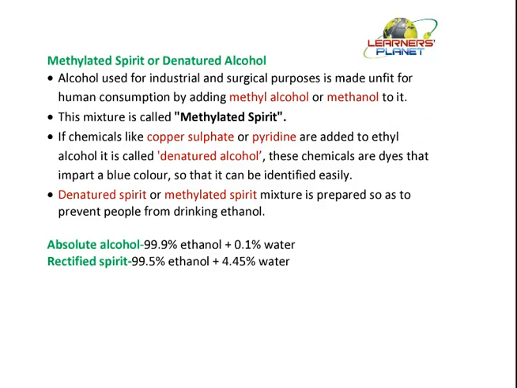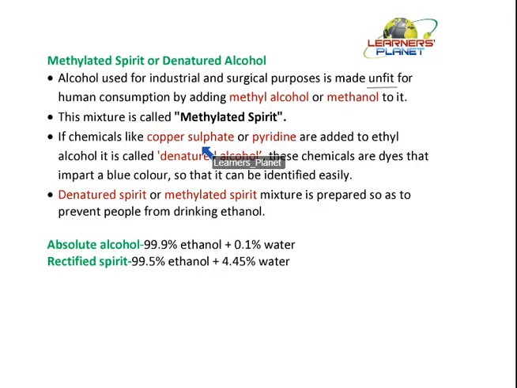It will affect their health and also the business. So what is done is that it is made unfit for drinking. How? By mixing in methyl alcohol. That is called methylated spirit. You have to remember this: methylated spirit and denatured alcohol.